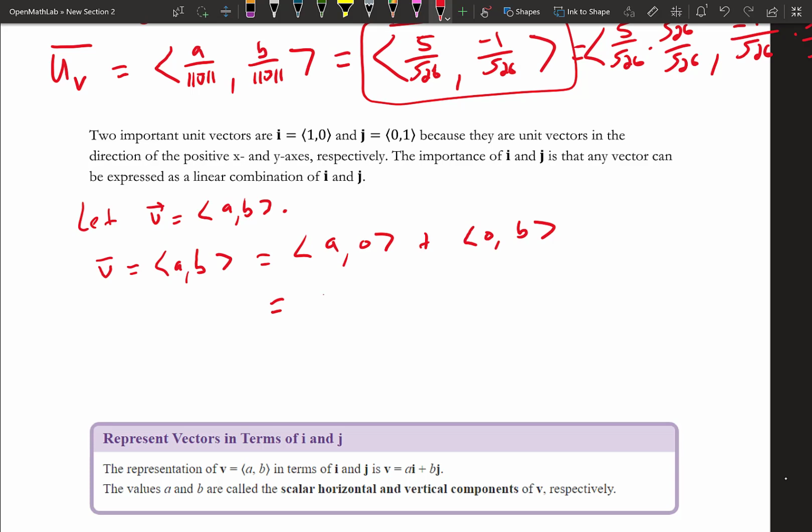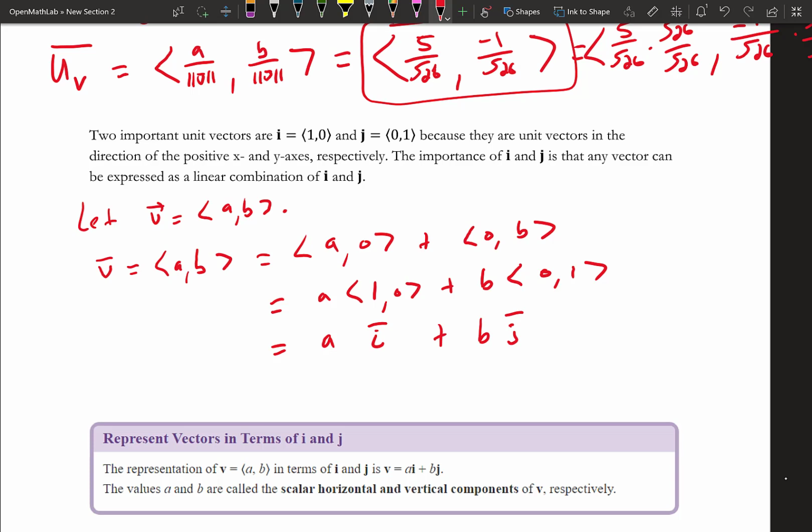So then what I could do is pull out a factor of a, this would be 1 comma 0, plus, and then I could pull a factor of b out of the second vector. And then notice that 1 comma 0 is just i, and 0 comma 1 is j.